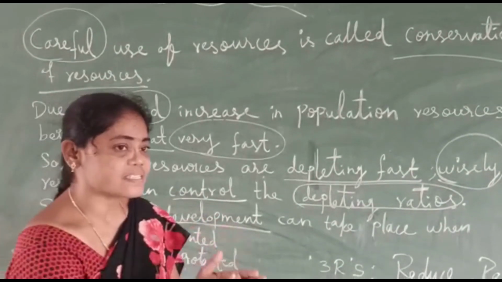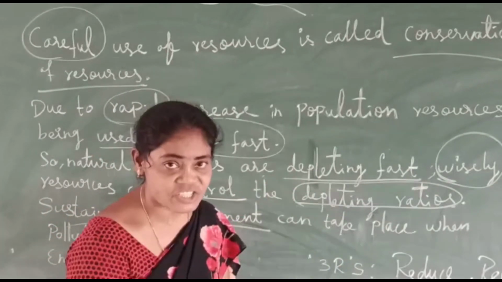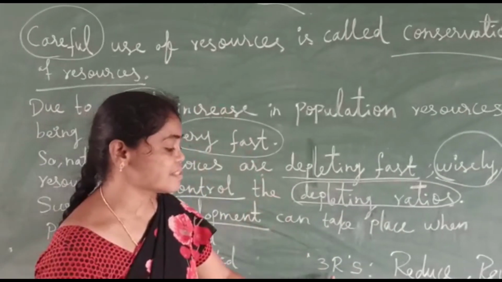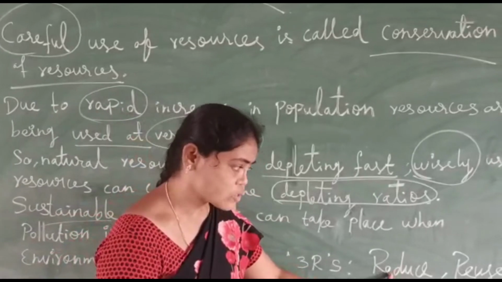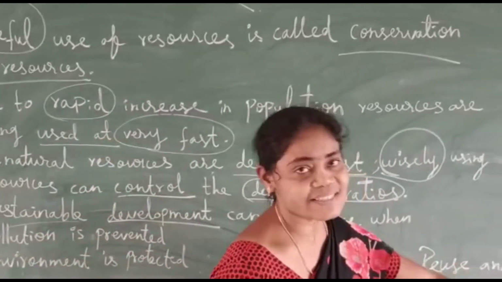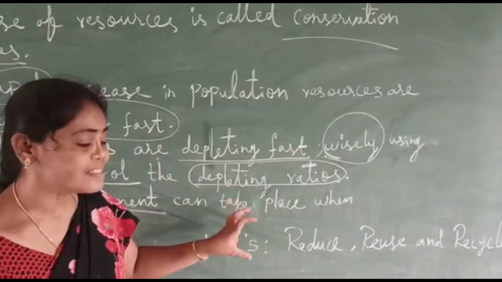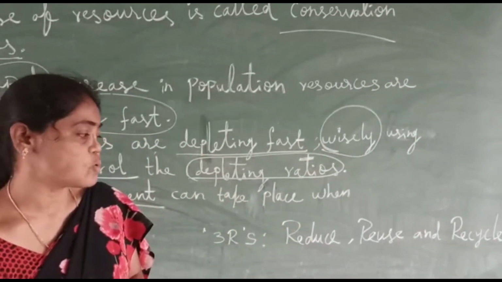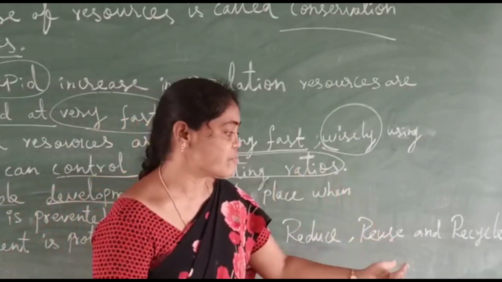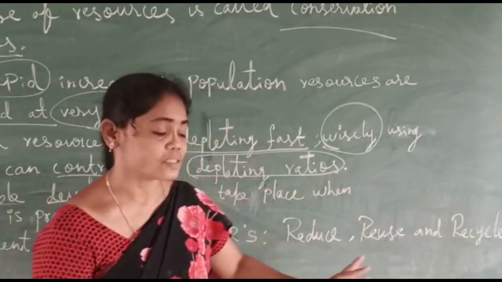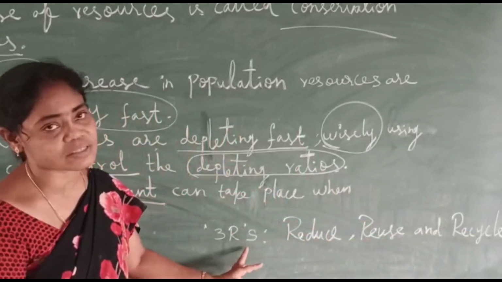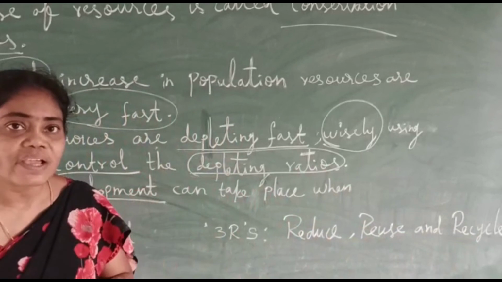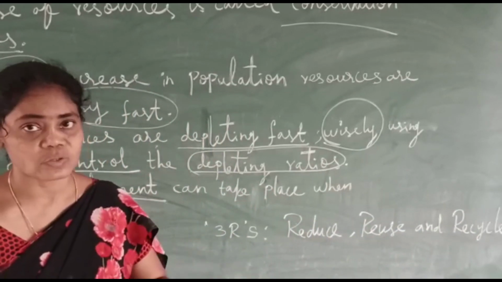The easiest way of conservation of resources is the 3 R's, that is reduce, reuse and recycle. Reduce, we must reduce. Reuse, once again we want to use it, and recycle. So the 3 R's are the easiest way of conservation of resources.